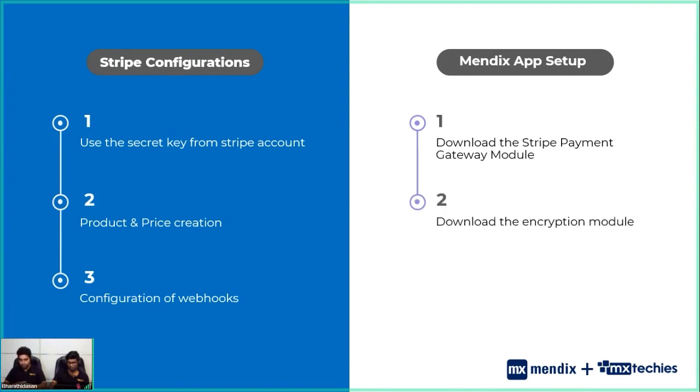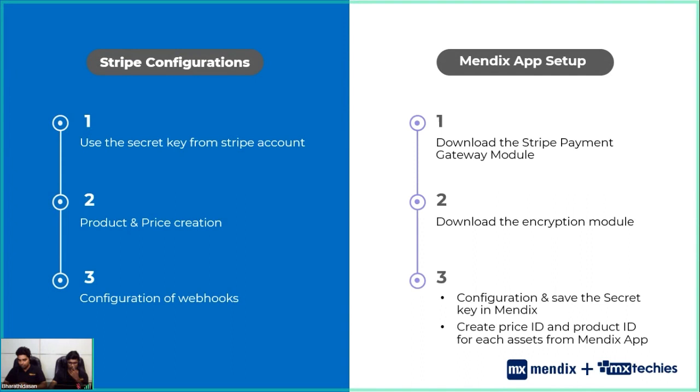As I said, we are using the secret key from Stripe. To encrypt that secret key, we are using the encryption module from the marketplace. Use the secret key from the Stripe account and save that in your project. So we have the configuration page. You can configure that in your navigation page and then configure that secret key. So let's go and create a product in the Mendix app.